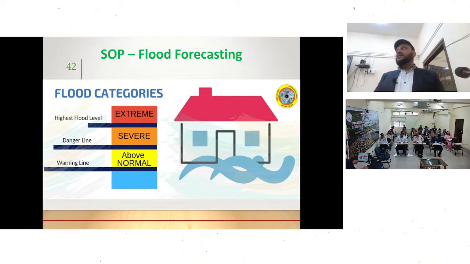There is a standard SOP for flood forecasting, warning level, danger level, and HFL. If it crosses the warning level, it's above normal. If it crosses the danger level, it's severe, and if it crosses the HFL, it's an extreme flood.